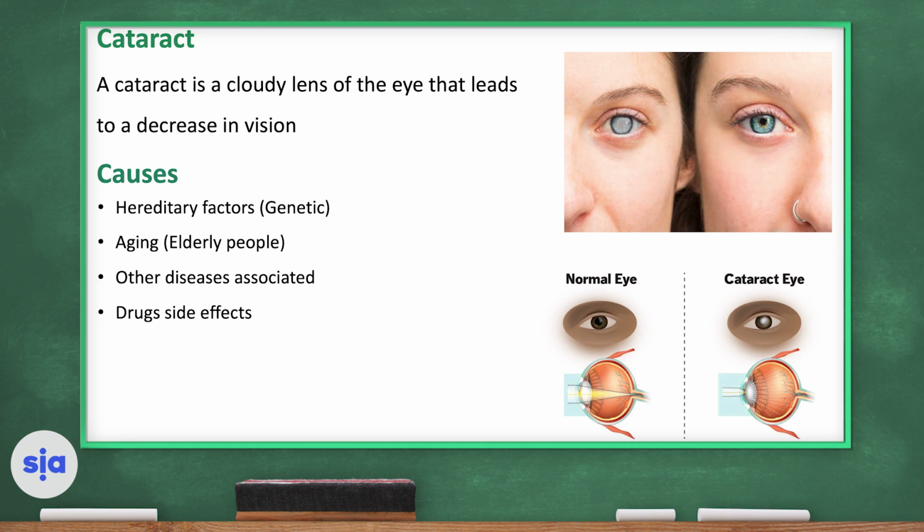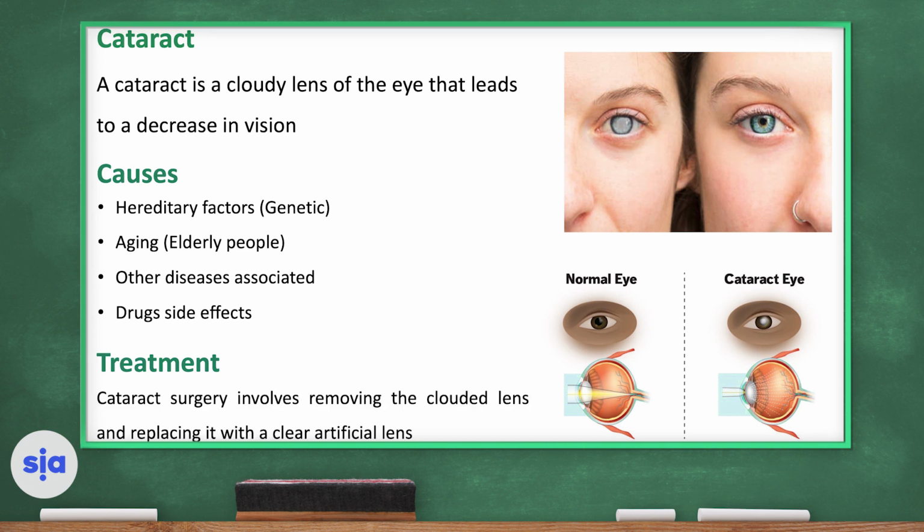Drug side effects: some drugs cause the lens to be opaque. And what is the treatment for the cataract or the cloudiness of the lens? The treatment is surgical, by removing the lens and replacing it with a clear artificial one.